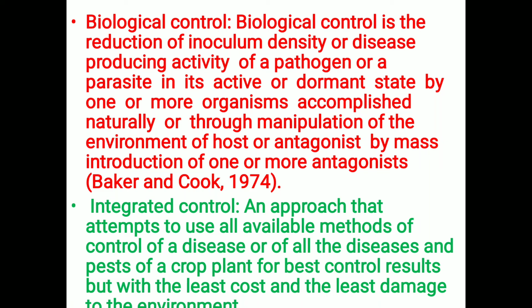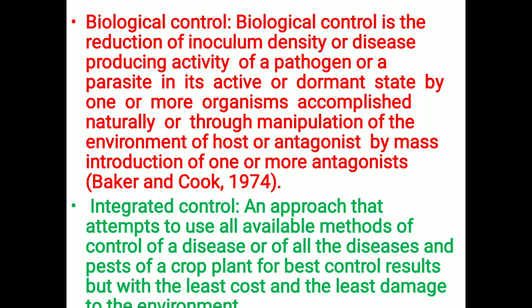That means we reduce the disease infection ability of the pathogen to a certain level by the use of natural antagonists or different biological control agents. There is no use of any chemical agent or chemical spray for management of that disease; only biological origin is used. For example, Trichoderma viride, Pseudomonas fluorescens and Bacillus subtilis are used for control of different fungal or bacterial diseases.